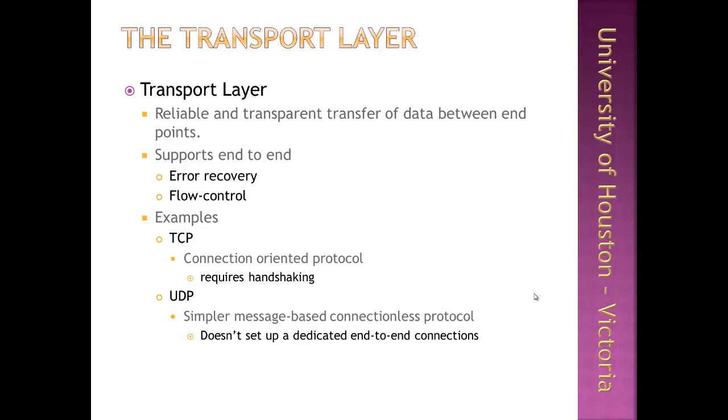Examples of transport layer mechanisms are the TCP and the UDP protocols. We will talk about both of these protocols a little bit later, and you will see what essentially makes them different.